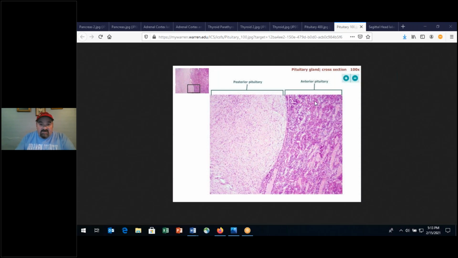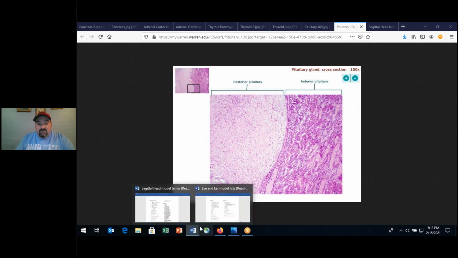Now, know that the anterior pituitary is the adenohypophysis, and the posterior pituitary is the neurohypophysis. It's connected to the hypothalamus via the pituitary stalk, also known as the infundibulum.